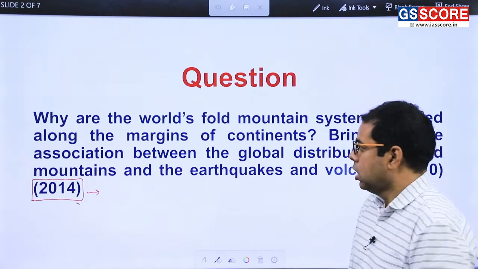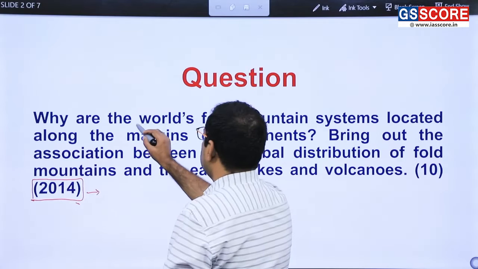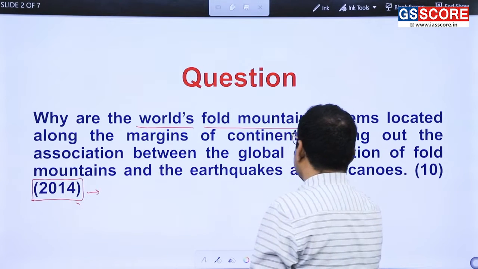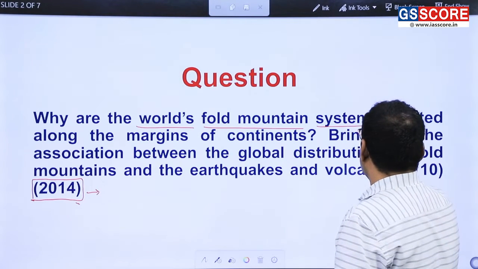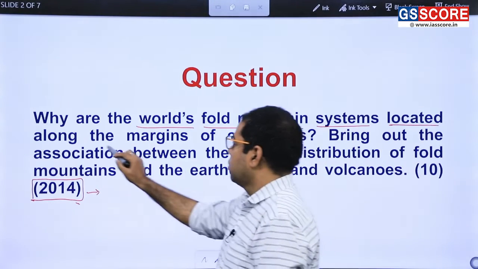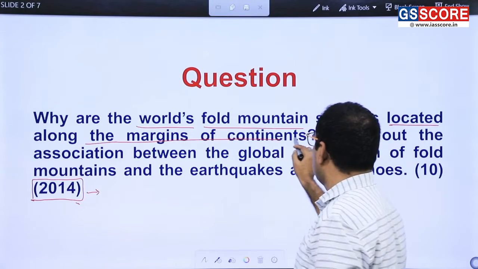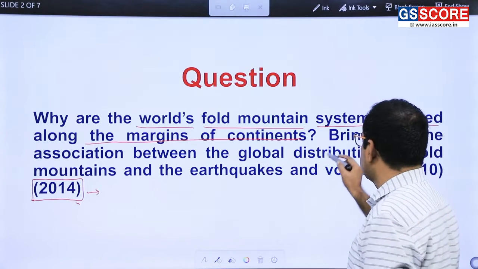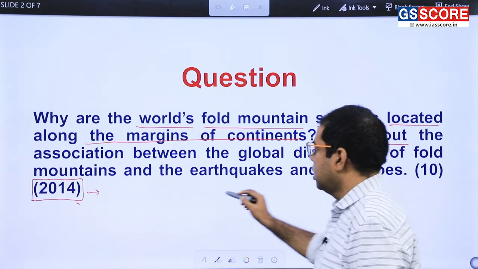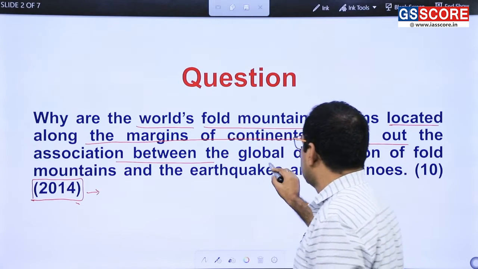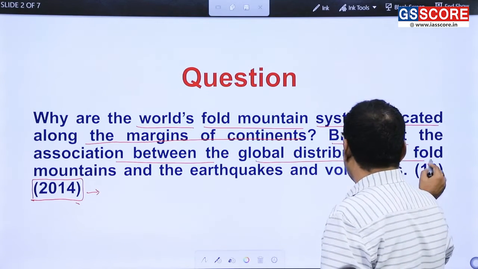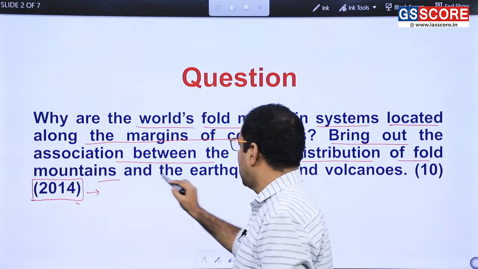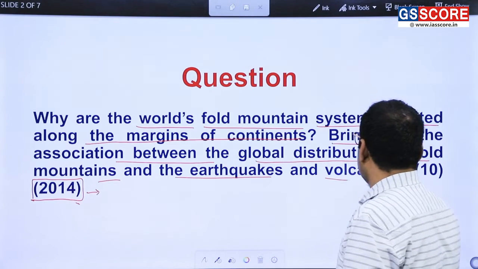So let's start. The question is, why are the world's fold mountain systems located along the margins of continents? Then, bring out the association between the global distribution of fold mountains and the earthquakes and volcanoes.